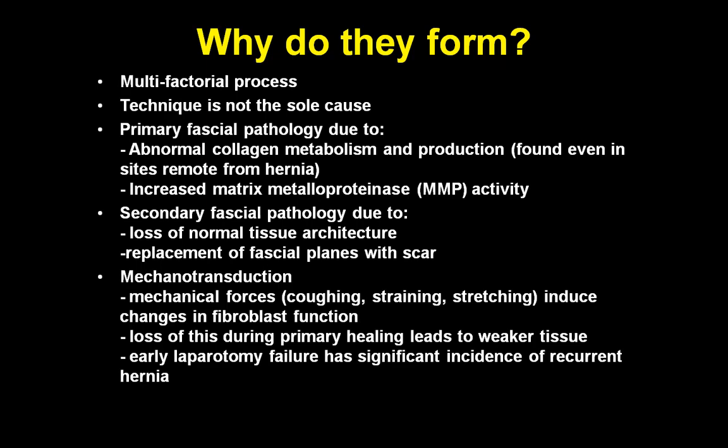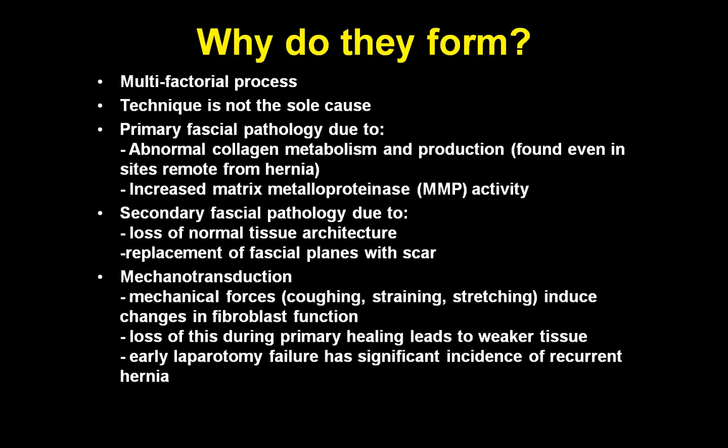So collagen activity abnormalities can lead to primary fascial pathology, ultimately leading to hernias. Secondary fascial pathologies are due to the loss of normal tissue architecture and replacement of fascial planes with scars. It may be recurrent surgeries, or the third one is mechanotransduction.